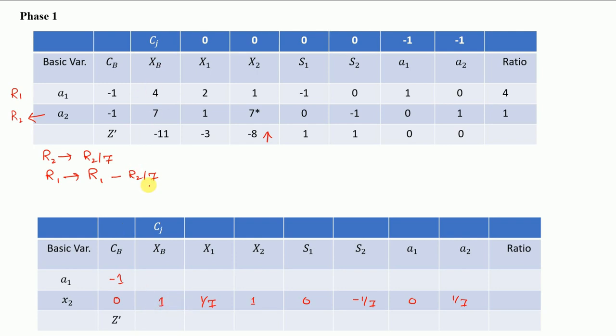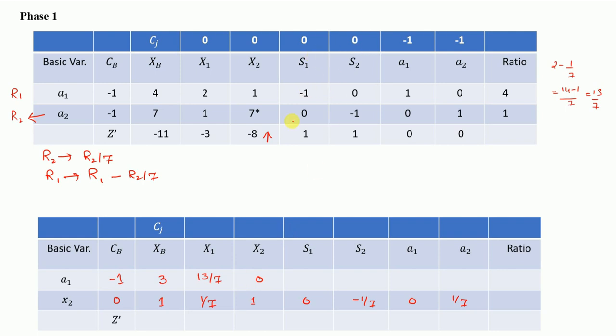So 4 minus 1, this is 3. 2 minus 1 by 7. So if you calculate 2 minus 1 by 7, this is 14 minus 1 by 7, that is 13 by 7. So here it is 13 by 7. Similarly, 1 minus 1, this is 0.